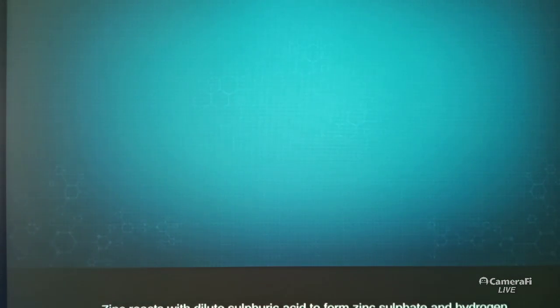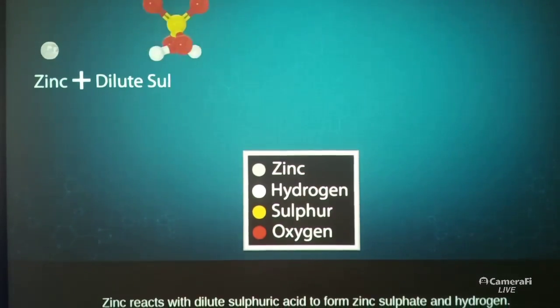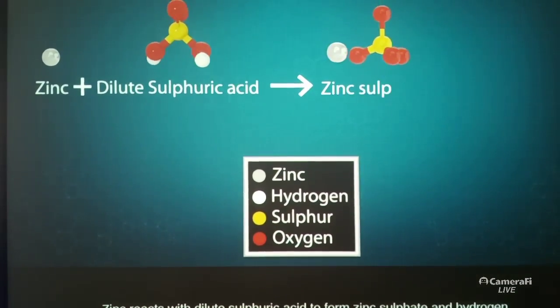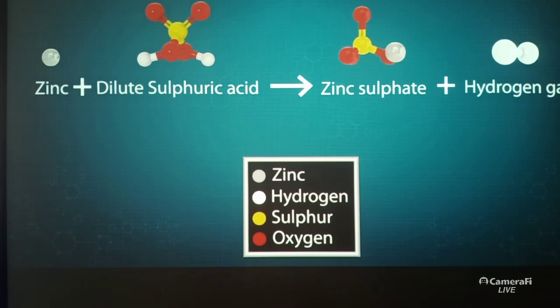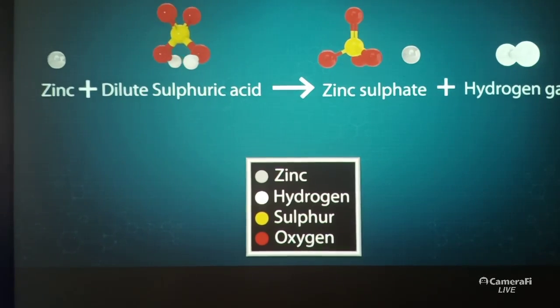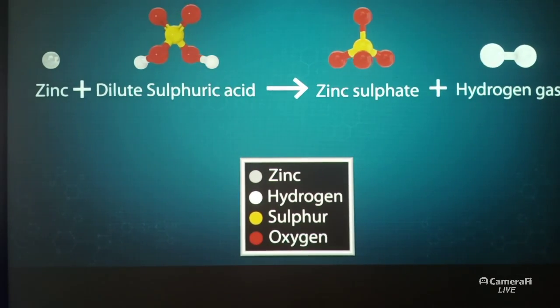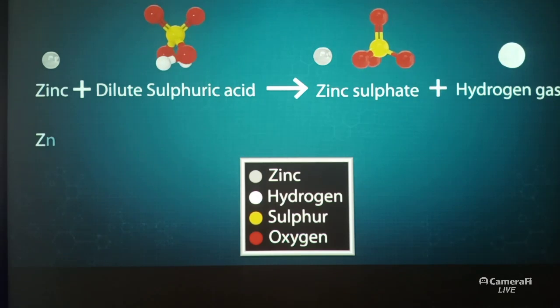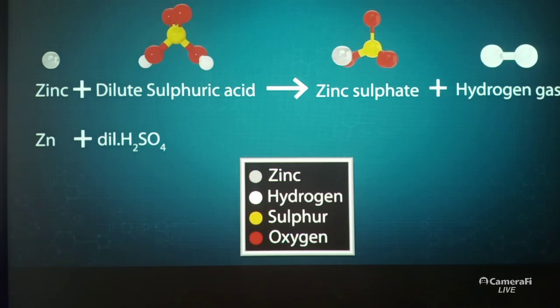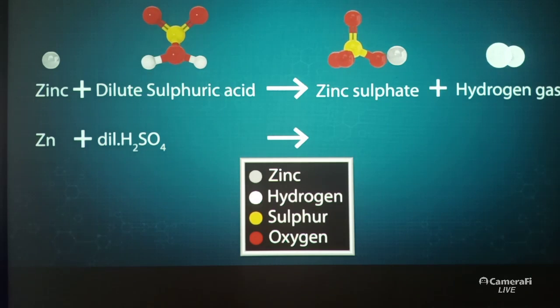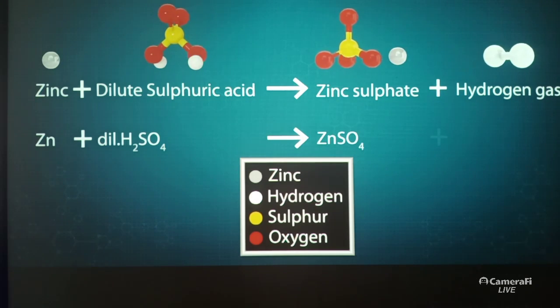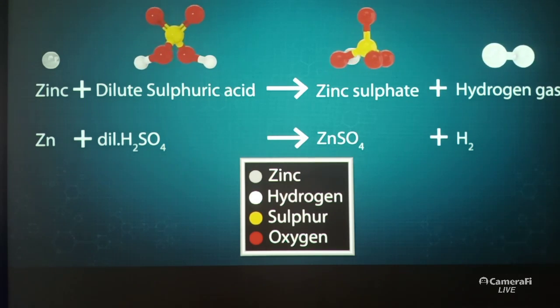For example, zinc reacts with dilute sulfuric acid to form zinc sulfate and hydrogen gas. This is represented in the form of an equation. Solid zinc reacts with dilute sulfuric acid to form an aqueous solution of zinc sulfate and hydrogen gas.